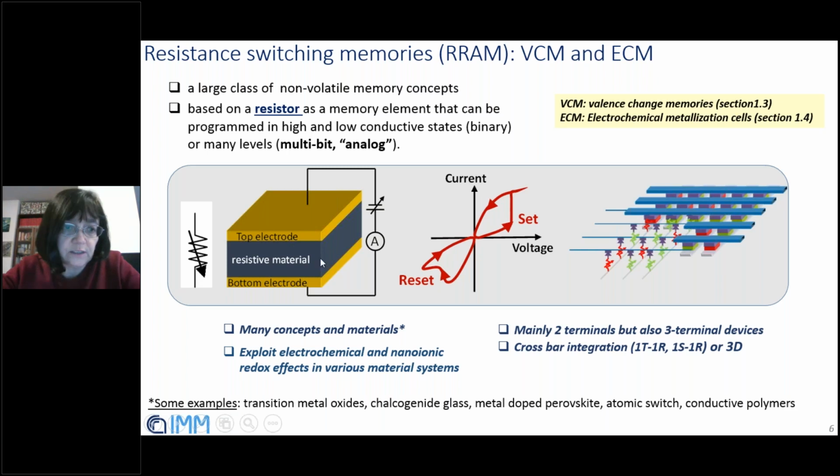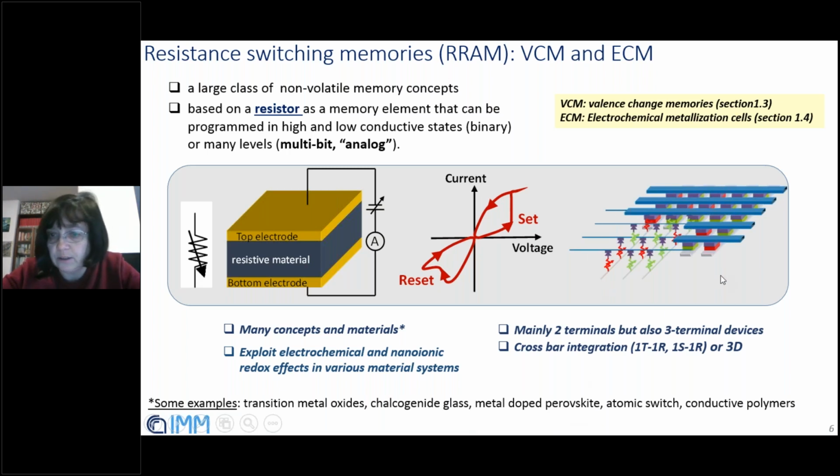All these devices are very compact. Most of them are two-terminal, but also three-terminal devices have been exploited. And the physics behind this is to exploit electrochemical and nanoionic redox effects in various material systems, for instance transition metal oxides, chalcogenide glasses, metal-doped perovskites, and also conductive polymers.